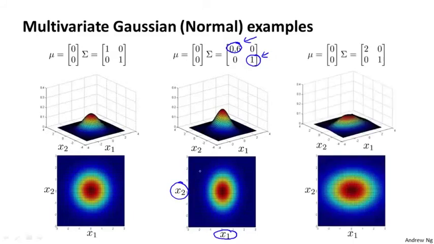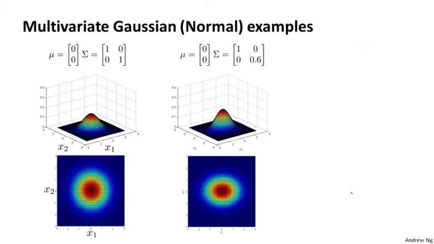Whereas if I set this matrix to 2, 1, then you can also model examples where x1 can take on a large range of values, whereas x2 takes on a relatively narrow range of values. That's reflected in this figure as well, where the distribution falls off more slowly as x1 moves away from 0, but falls off very rapidly as x2 moves away from 0.